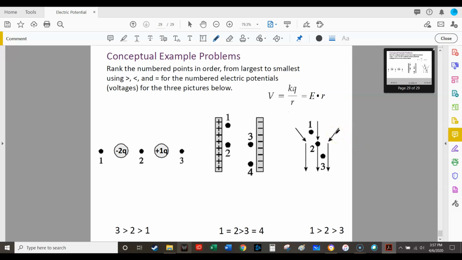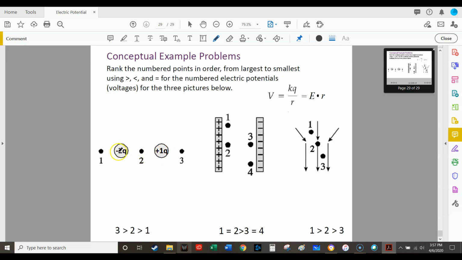Let's interpret these different problems. This is like another worksheet that you're going to have to do later on, where you have to interpret voltages at different points. Here you have a negative 2Q and a positive 1Q, and you're supposed to rank the voltages at different points.